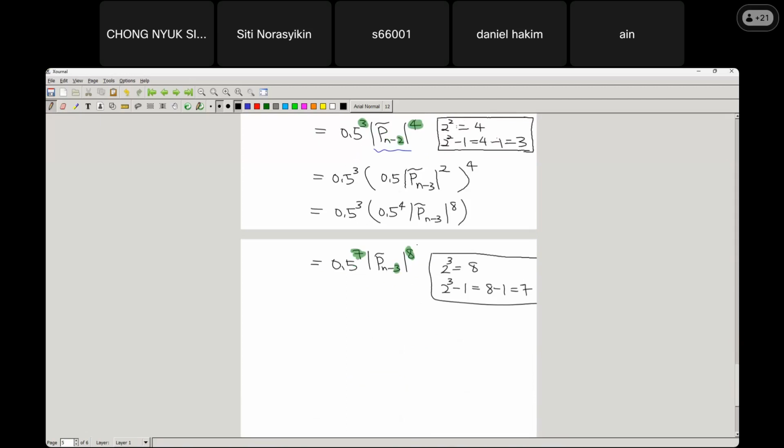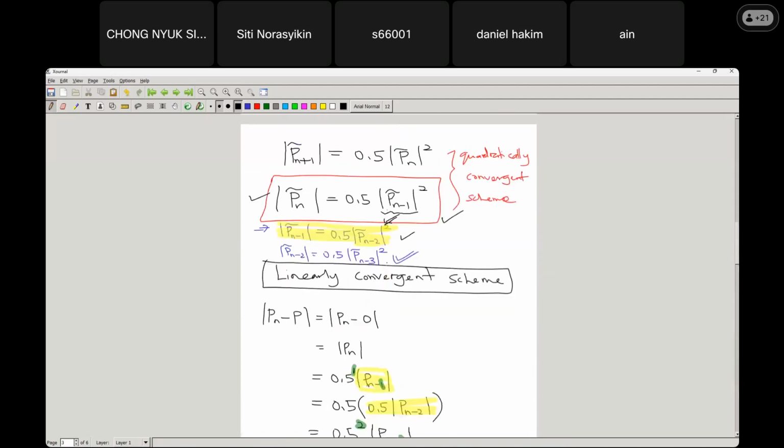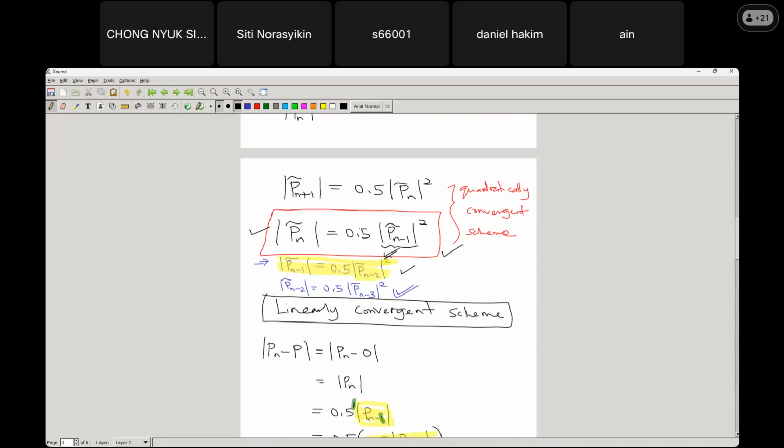Okay, now you feel like this is correct, but you want to make sure it is really correct. How? Next, we want to substitute Pn minus 3 tilde. How do we get Pn minus 3 tilde? Come back here. This is actually equivalent to 0.5 Pn minus 4 tilde square.